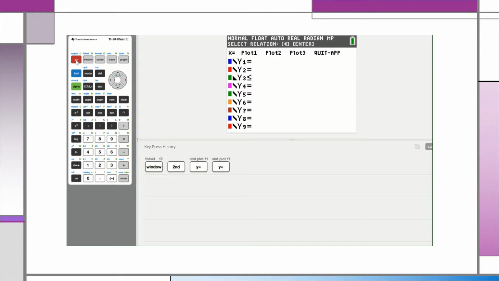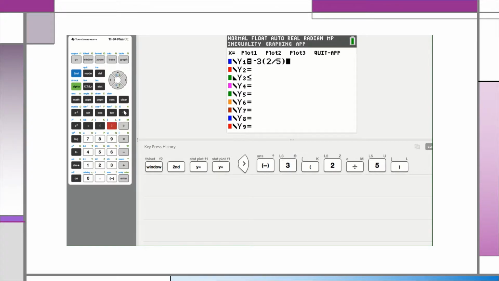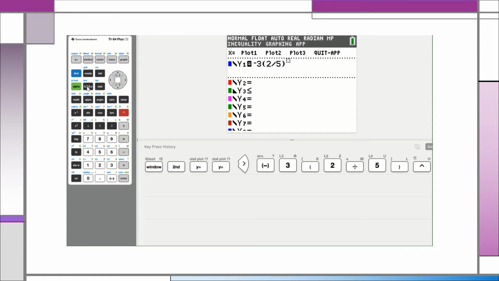Now we go to y equals and graph the first function, which was -3 times, in parentheses, the 2 over 5, because that's our base, raised to the power of x minus 4, which is going to move it 4 units to the right, and then plus 2.